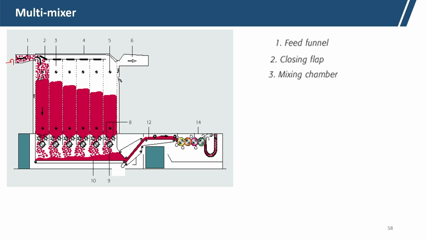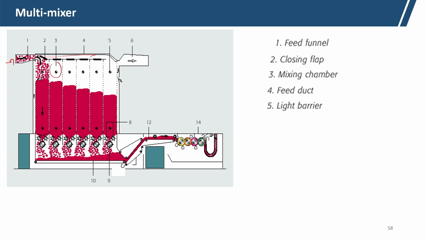Then the mixing chamber is there, this is 3, the mixing chamber. Then the feed duct is there, 4 is the feed duct, through the duct the fibers are fed. Then the light barrier, which actually controls the fiber feed.